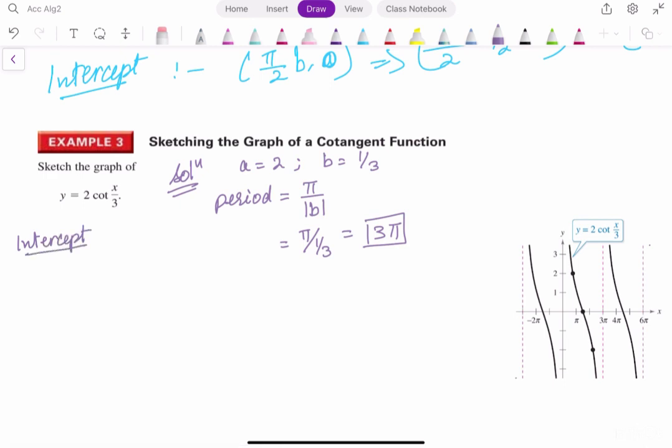Now let's talk about it, remember it is a cot. So the intercept will be at pi over 2b comma 0, which will be at 3 pi over 2 comma 0.